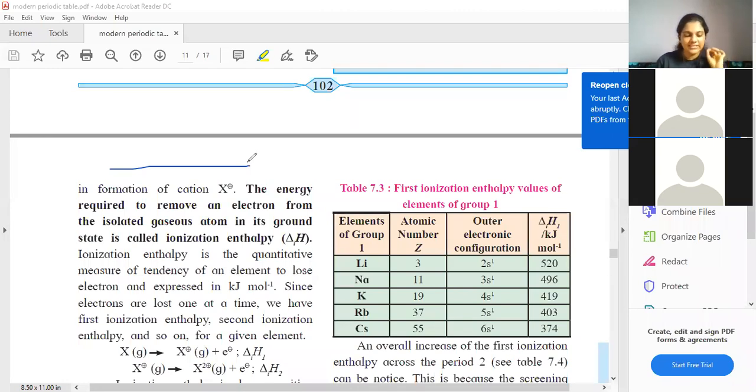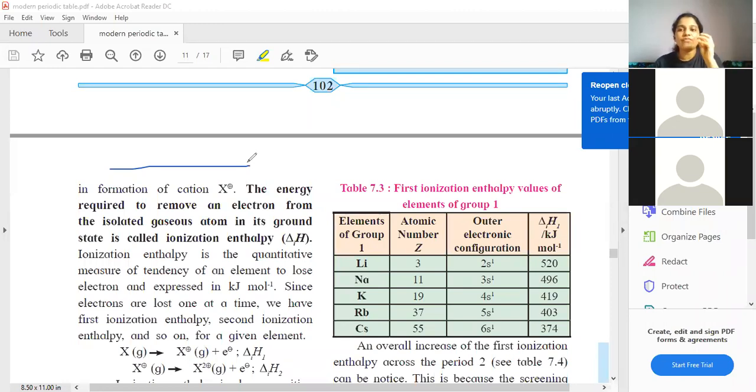So it is the original state. I hope you have noted this down. Lowest energy state possible for an atom. That is what ground state is.